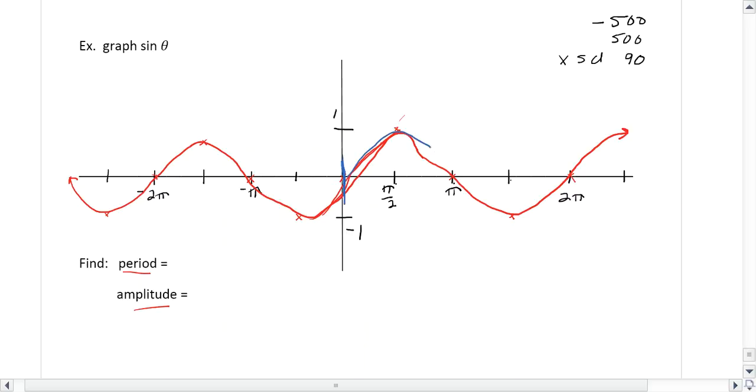It's going up and then down, and right here we're back to the x-axis and we're going up again. If you were to cut this piece out in between these two blue lines and pick it up, that pattern repeats itself right here, and it would keep going. So the horizontal length of this repeat goes from 0 to 2 pi, so the period is 2 pi. Amplitude is half the height. We're up here at +1, we're down here at -1, so it has a total height of 2 units. Half that height is 1.